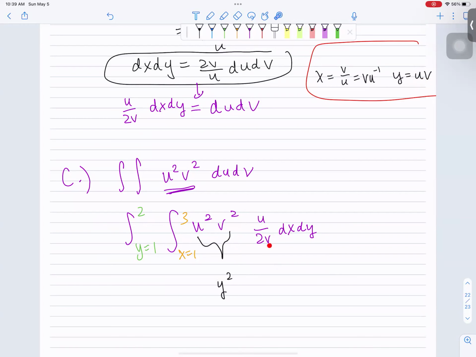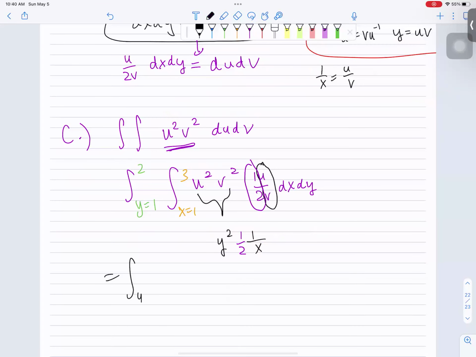What is u over v? Well, for x, I have v over u. So what if I just take the reciprocal? Then 1 over x would be u over v, right? Which is what I have, u over v. So I want a 1 over x. And don't forget that I also have this 1/2 here.